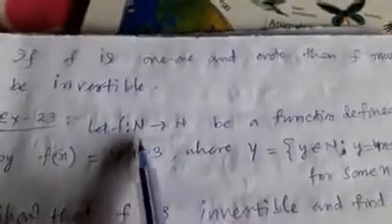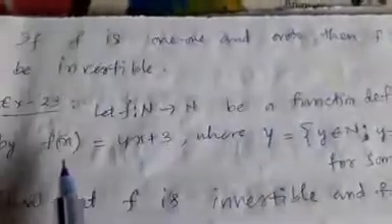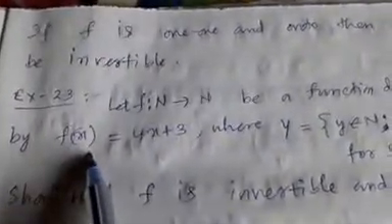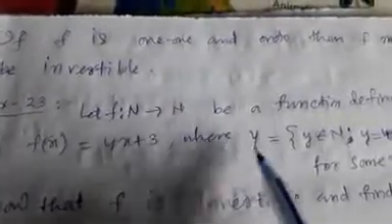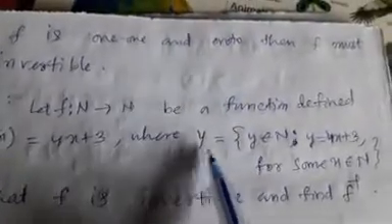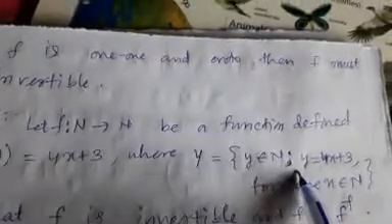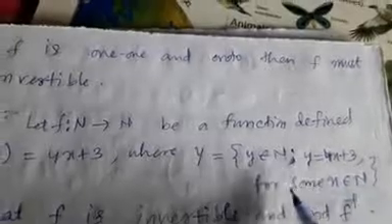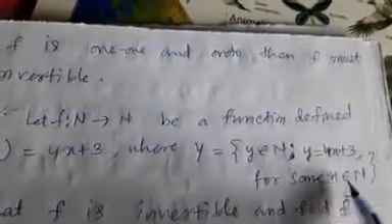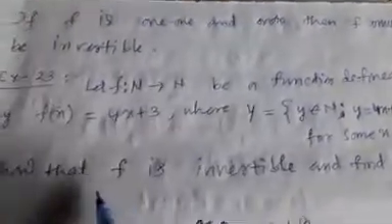Take an example. Let f such that natural number to natural number be a function defined by f of x is equal to 4x plus 3, where the image or range is given by Y, the set of y belongs to natural number such that y is equal to 4x plus 3 for some x belongs to natural number.